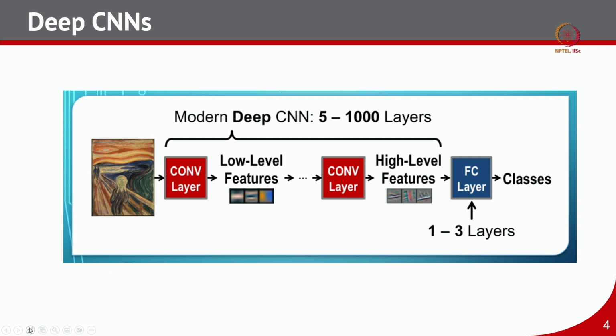Modern deep CNNs typically have 5 to 1000 layers. You will always ask how deep is actually deep. Anything beyond 4 or 5 layers is called a deep CNN. As we discussed in the last class, the first few layers capture low level features.